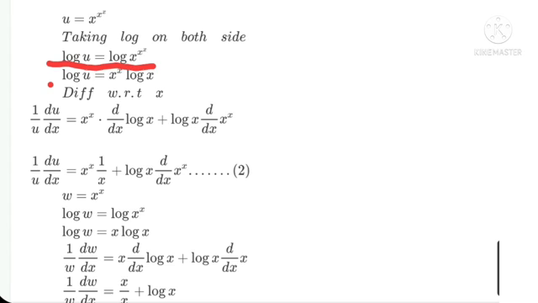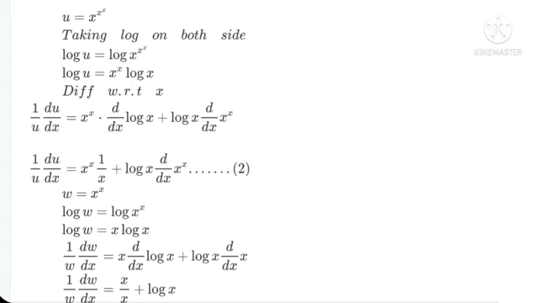Differentiate with respect to x, log u is 1 upon u into du by dx, and on the RHS you use the product rule. First into derivative of second plus second into derivative of first, means x raised to x into derivative of log x plus log x into derivative of x raised to x.